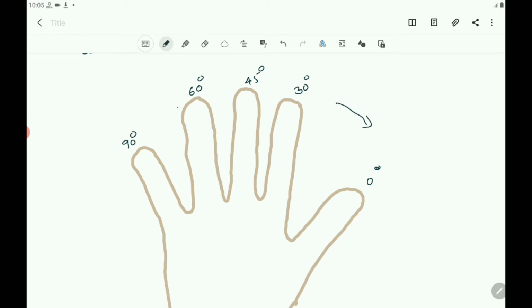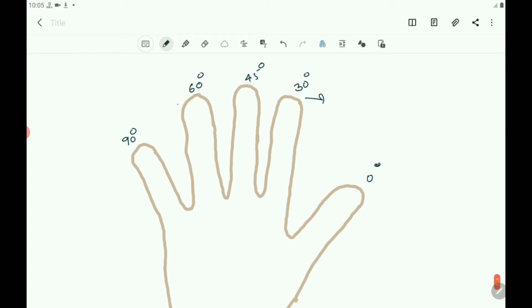For example, this is sine 0 and here there is no finger, and for sine 30, here there is one finger, and for sine 45 there are two fingers, and for sine 60 degree there are three fingers, and for sine 90 degree there are four fingers.